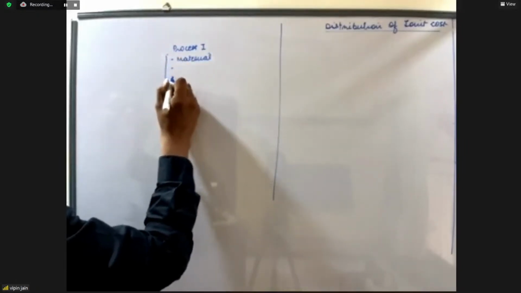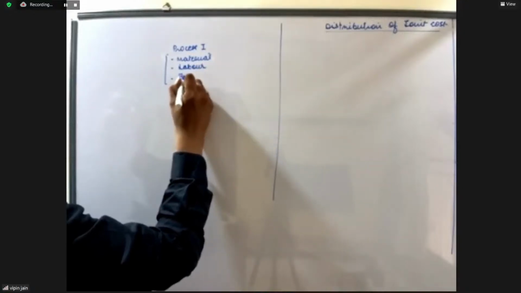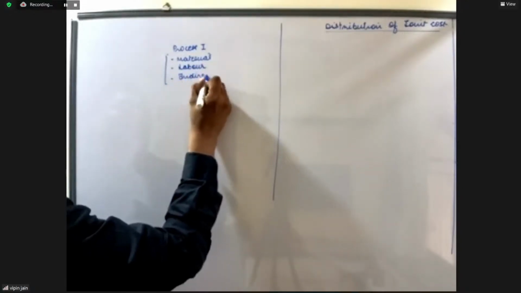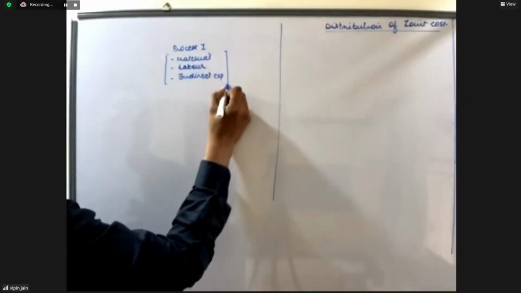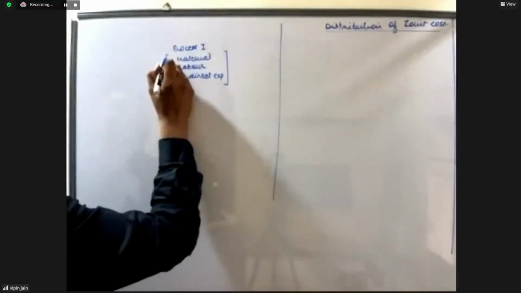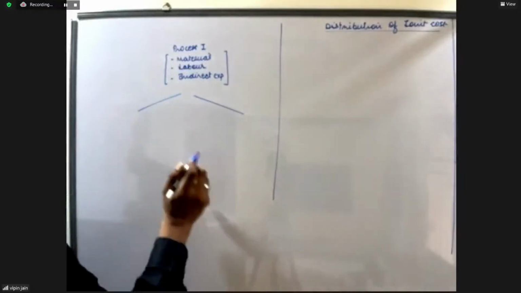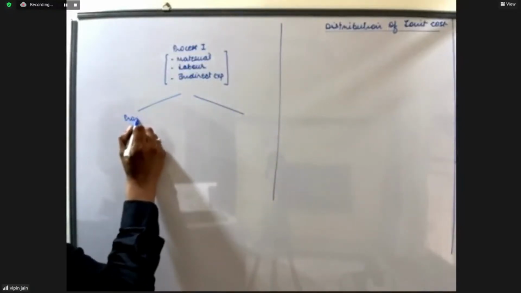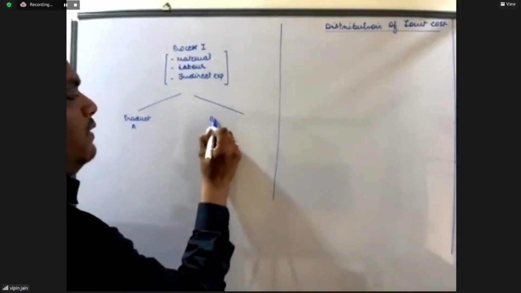Further, additional expenses are incurred, let's say labor and all the indirect expenses. Now, after completion of process first, let's say we are getting two products as an output, product A and product B.